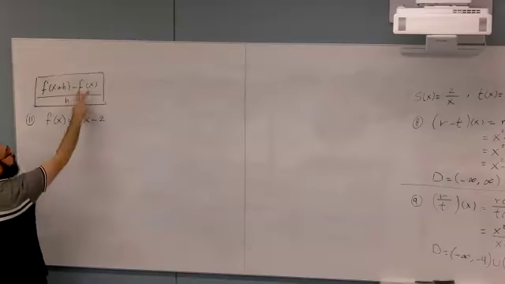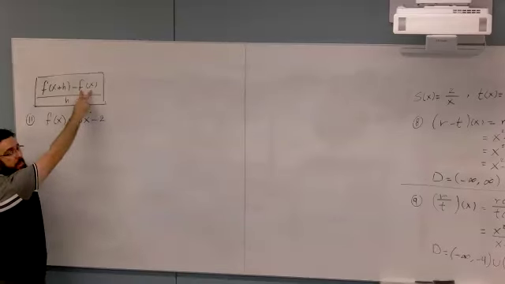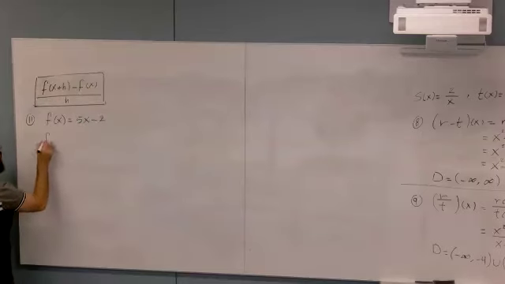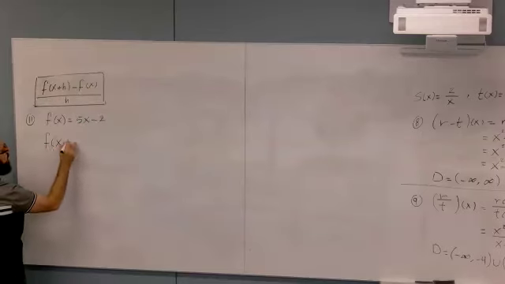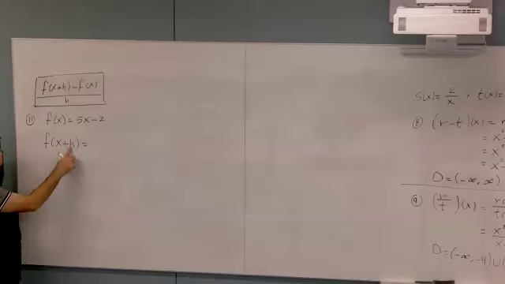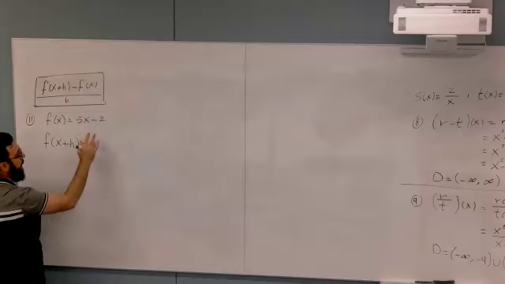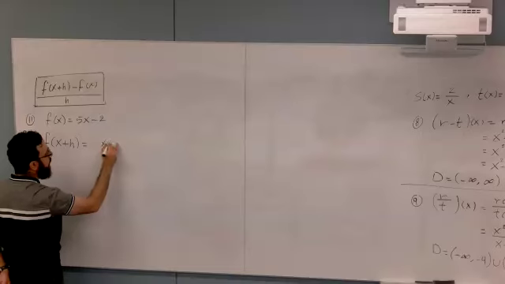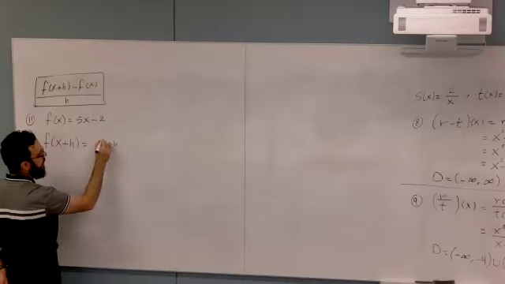Now, f of x is the part that exists here, right? f of x exists here. I need to find what it's going to be if I plug in, instead of each x, x plus h. Instead of each x, I have to put what? x plus h. So I'm going to go back here. Instead of each x, I'm going to put x plus h, right?